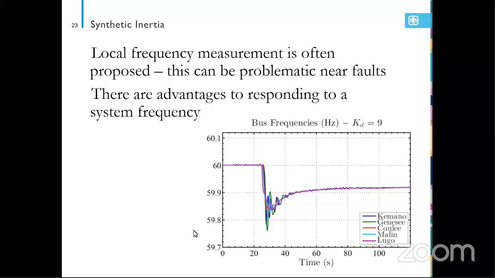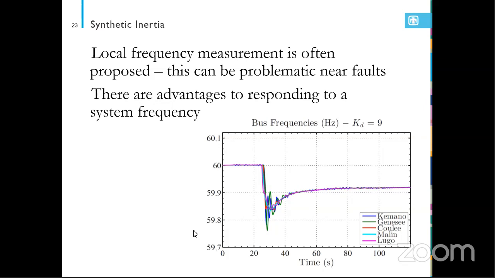There's also some advantages to responding to a system frequency or an average of the frequencies throughout the grid. So this is a simulation of the Western US power grid, looking at the speed of different generators. And you'll notice that they all kind of oscillate around system frequency.